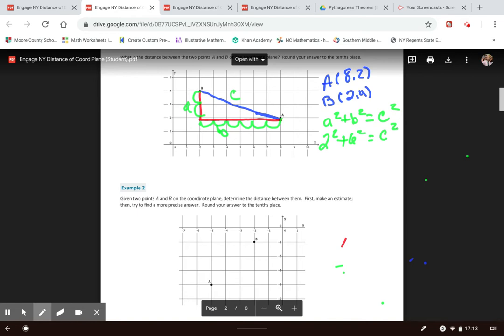So 2 squared plus 6 squared equals C squared. So 2 squared is going to be 4 plus 36 equals C squared. So 4 plus 36 is 40. And then I just find the square root of both sides.